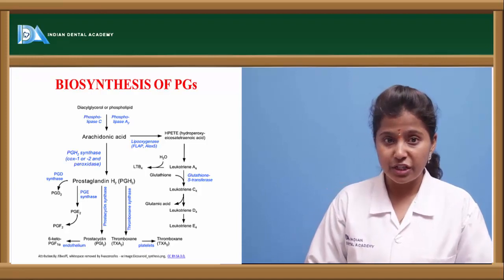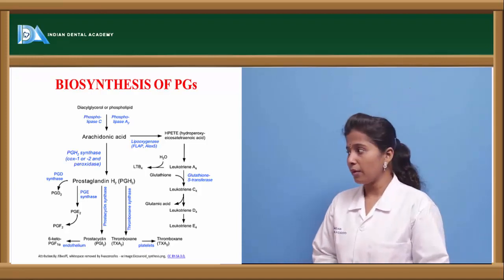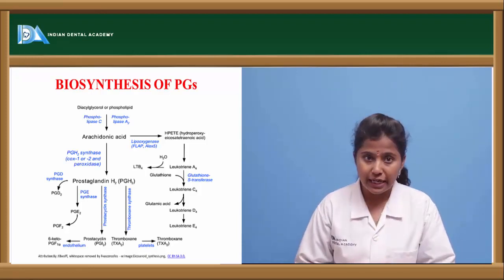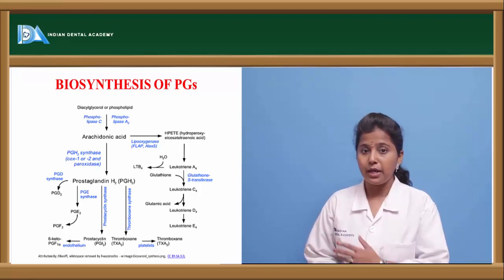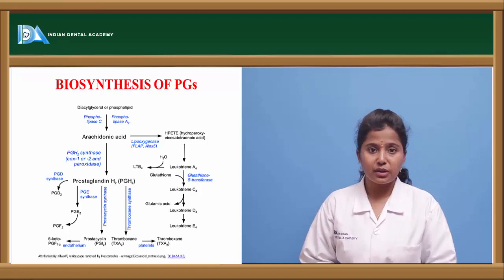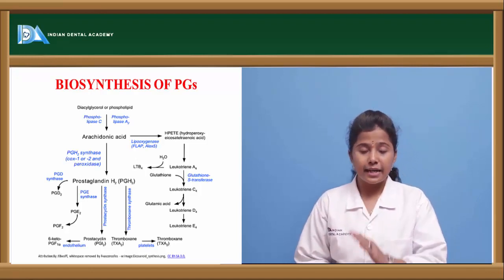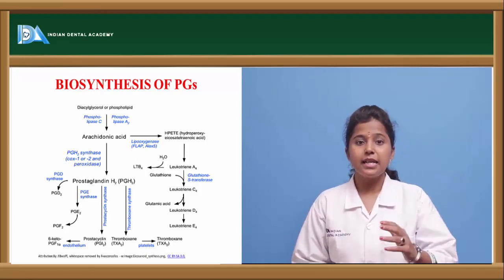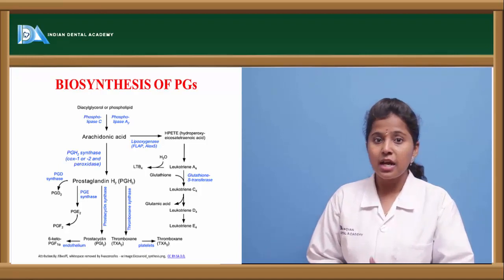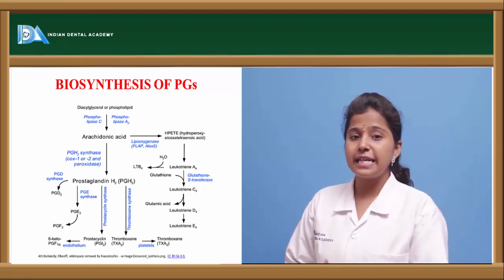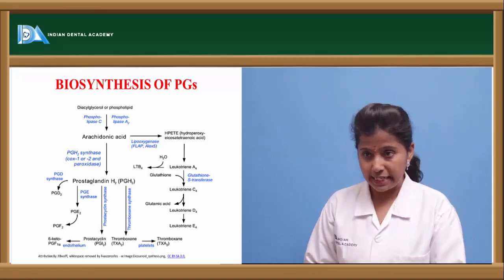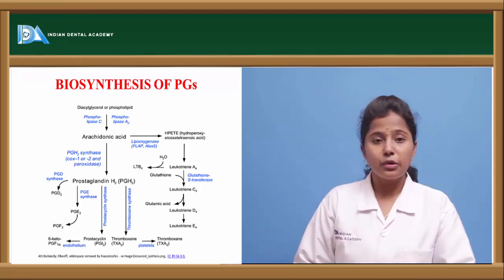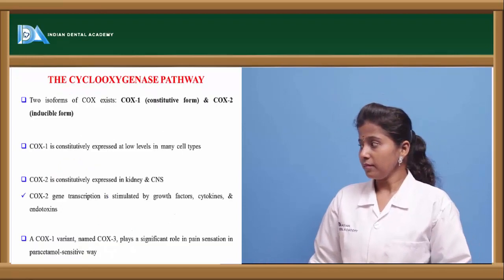From this PGE, PGF2 is formed, and from PGH2 directly prostacyclins and thromboxanes are formed. In the lipoxygenase pathway, the lipoxygenase enzyme first acts on arachidonic acid to form HPETE, that is hydroperoxy tetraenoic acid, from which the leukotrienes are formed.